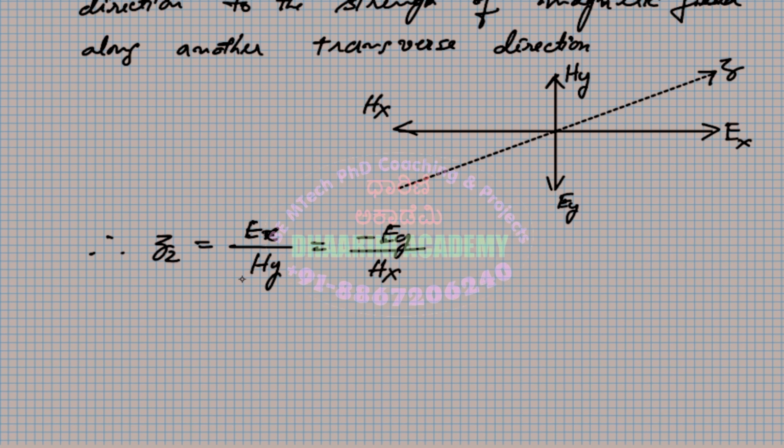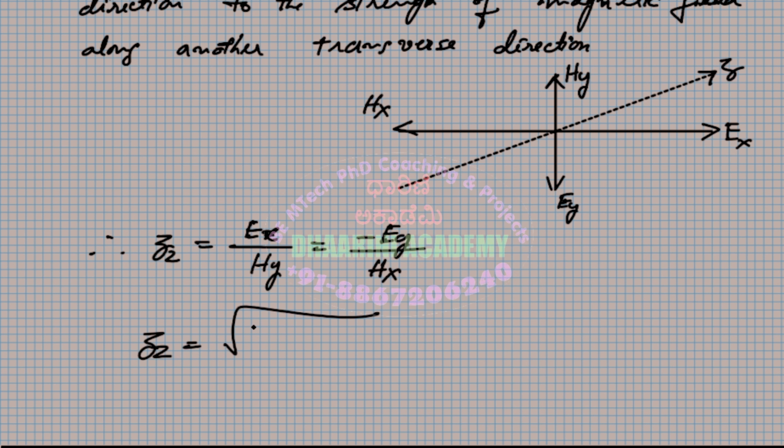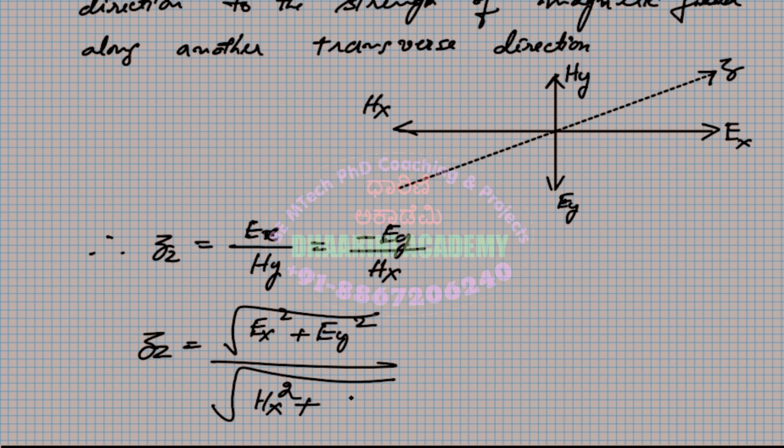There is also another form in which we can calculate Z_z: take a root and add them, that is, the square root of Ex squared plus Ey squared, divided by the square root of Hx squared plus Hy squared. Are you okay with that?